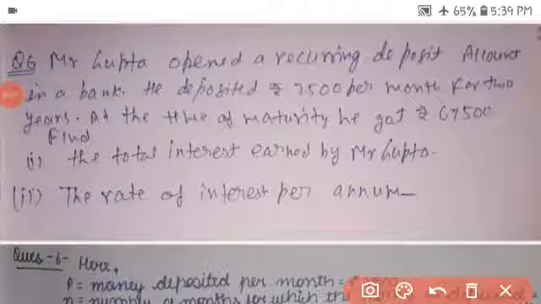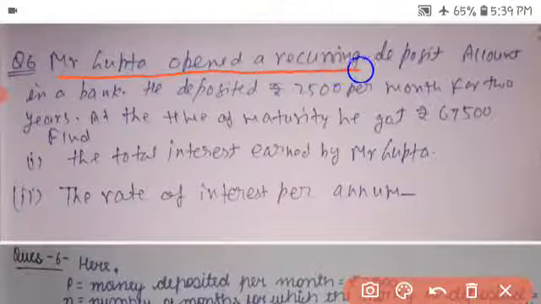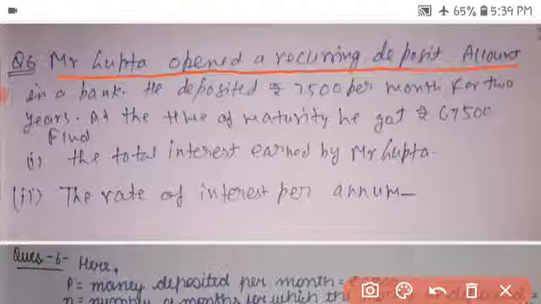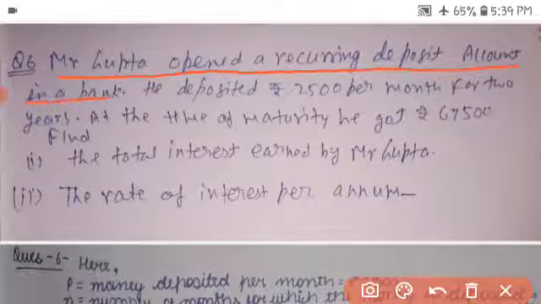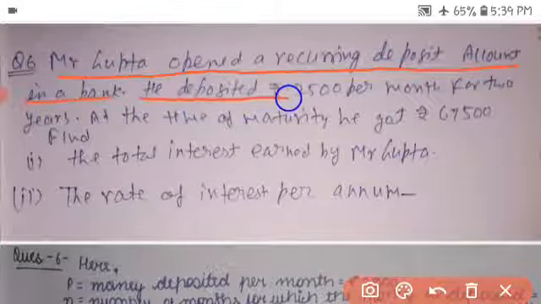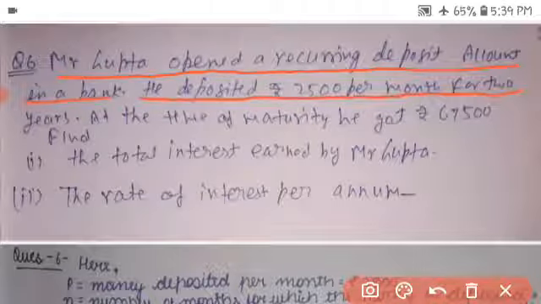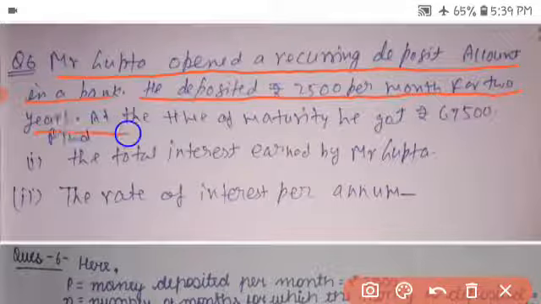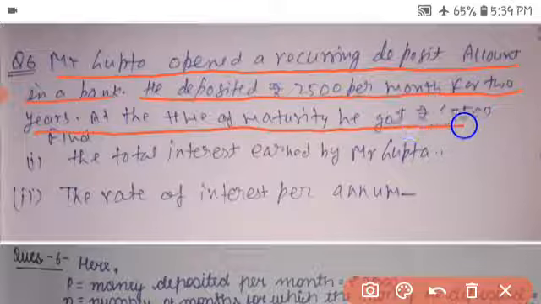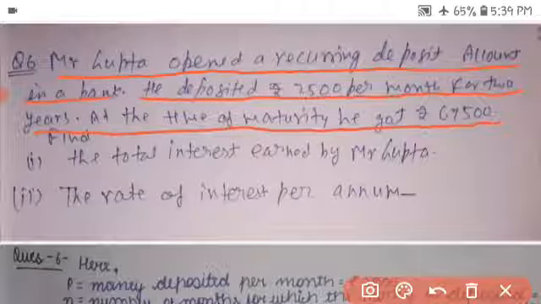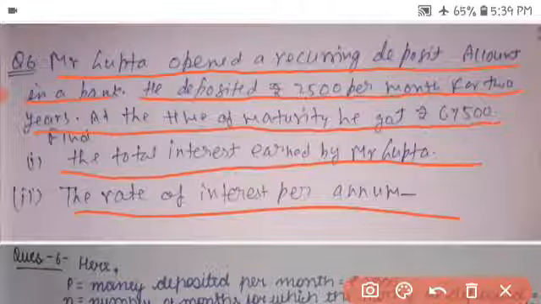Now question number 6. Mr. Gupta opened a recurring deposit account in a bank. He deposited rupees 2,500 per month for 2 years. At the time of maturity, he got rupees 67,500. Find the total interest earned by Mr. Gupta and the rate of interest per annum.